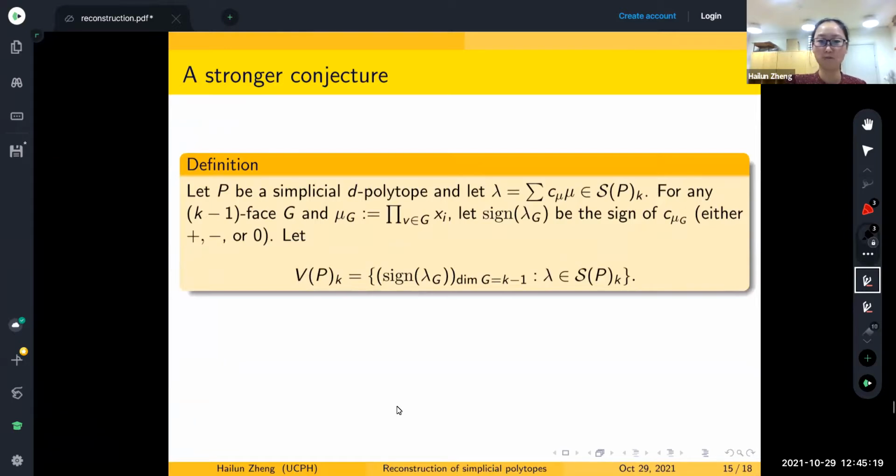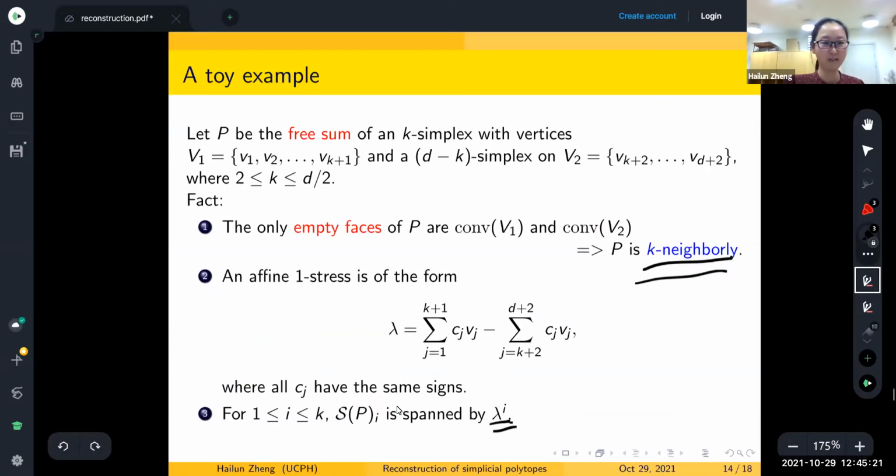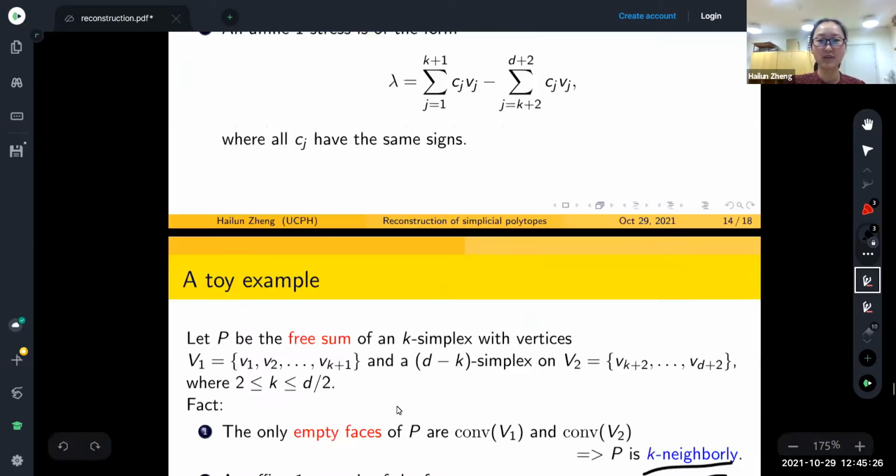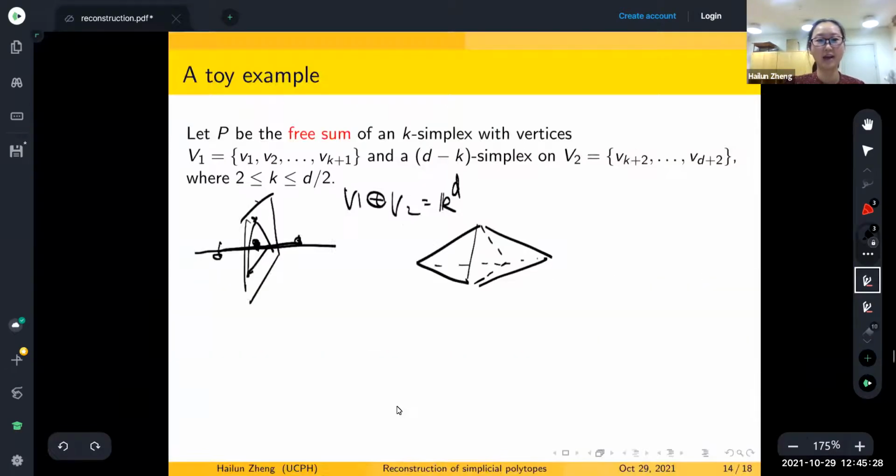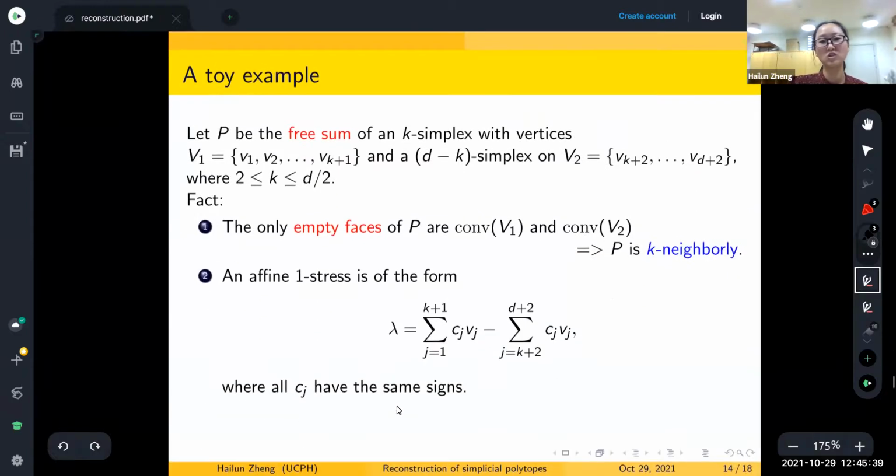So now I also find some philosophy behind the theme. You see that I may have different realizations of the polytope, right? I may just draw this triangle and also line segment in different ways, and then the shape of the polytope is different. However, no matter how you draw this picture, the signs stay the same, right?